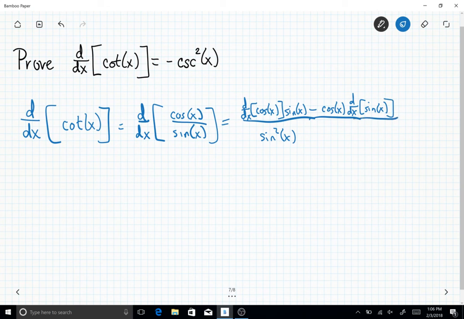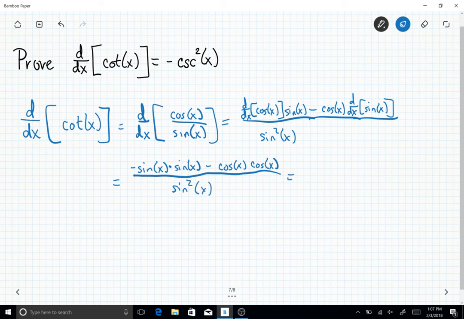Okay, so what does all this become? Well, derivative of cosine of x is negative sine of x, so you get negative sine of x times sine of x, and then minus cosine x. Derivative of sine of x is positive cosine x, so we'll just write cosine x, and all that is over sine squared.